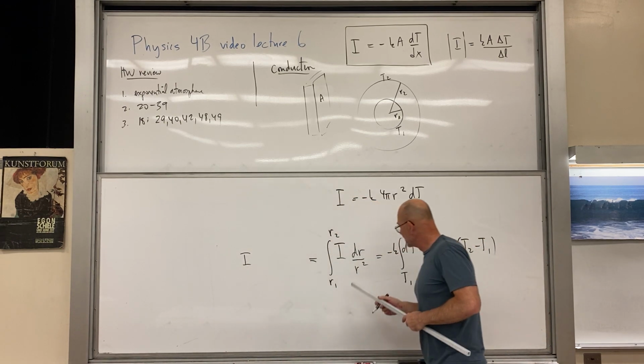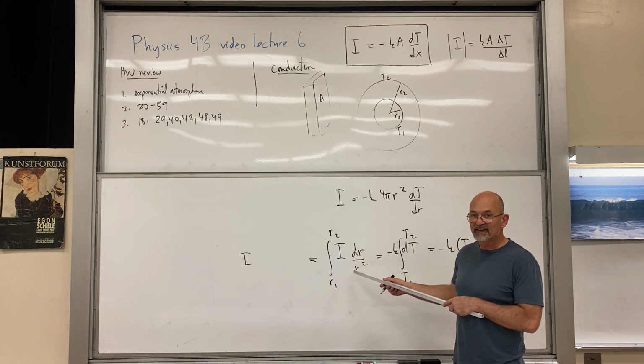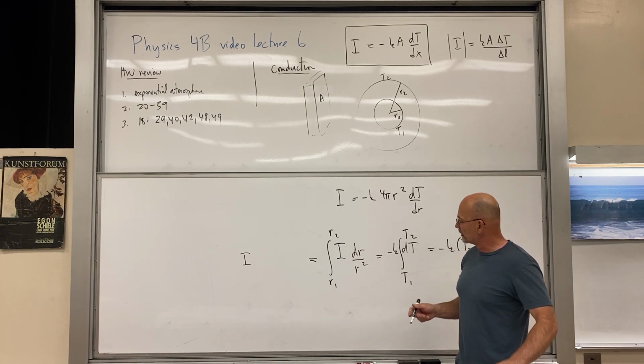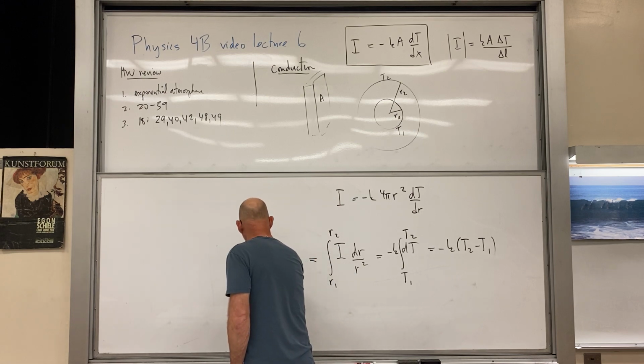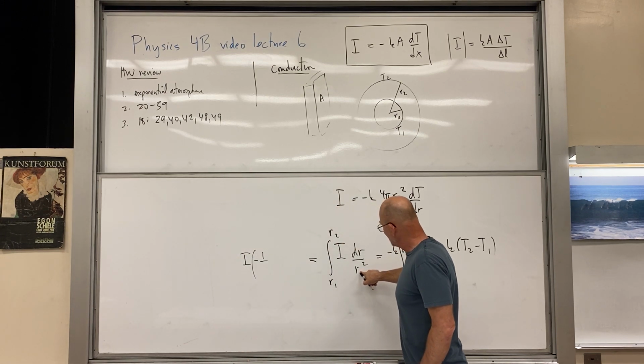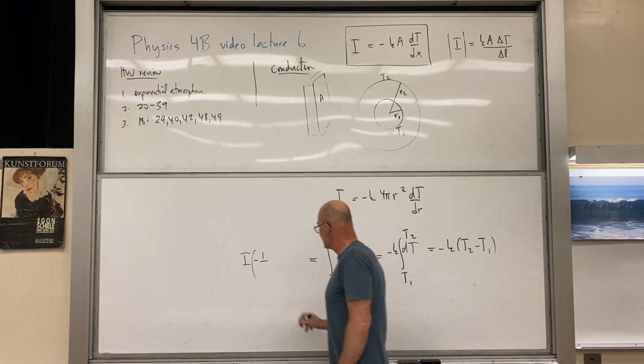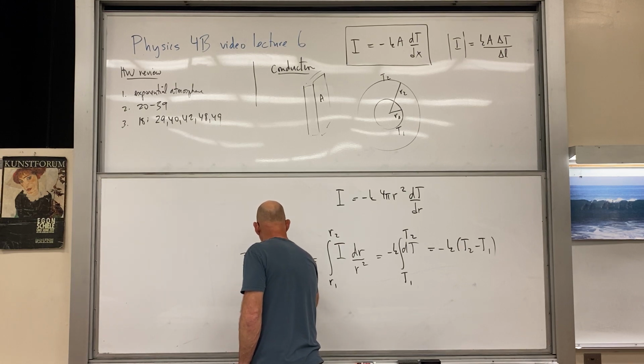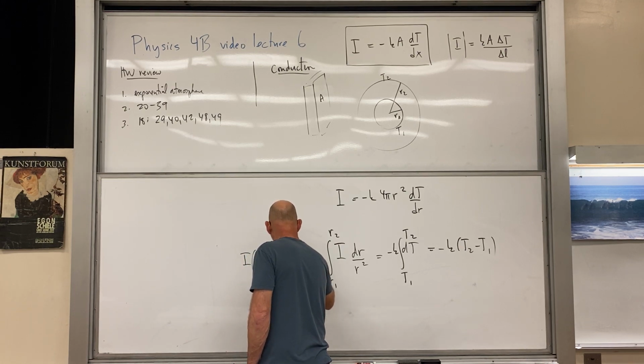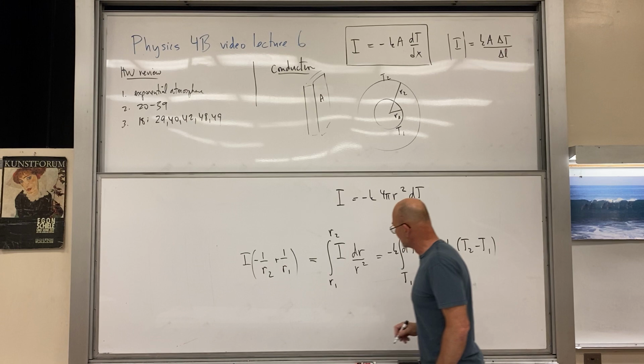And then we have negative 1 over r as the antiderivative for this 1 over r squared. So we have negative 1 over r, and the boundary is going to be r1 to r2. So it'll be negative 1 over r2 plus 1 over r1 when we do that integral.